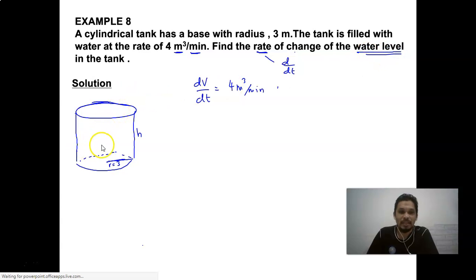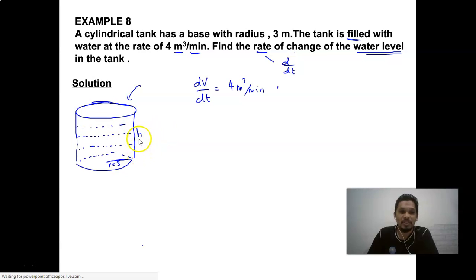So it means that at one time, this is the water level. The tank is filled, meaning from an empty tank we fill up water inside, and at one time this is the water level. After a few moments, we find that this is the water level, and so on.